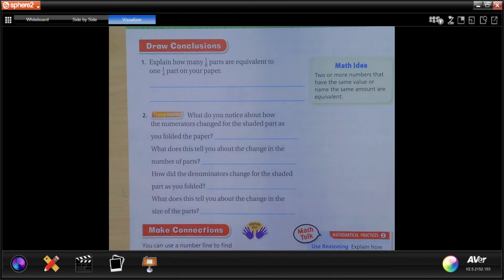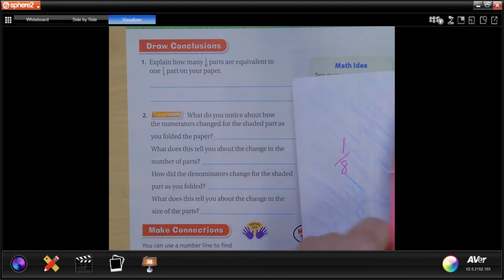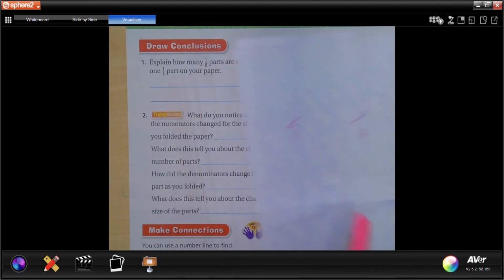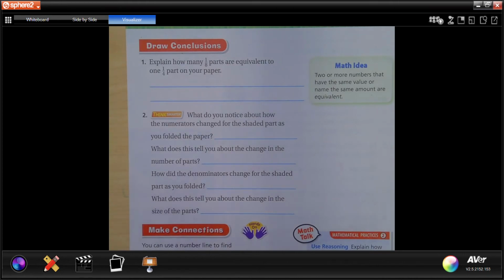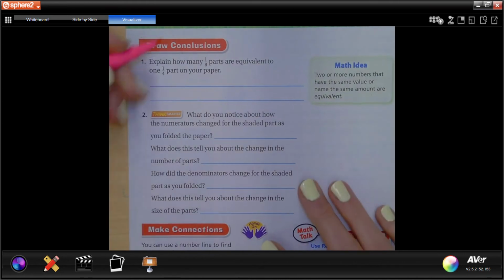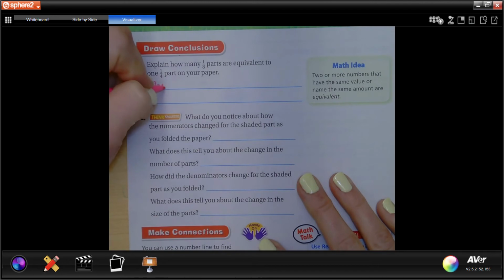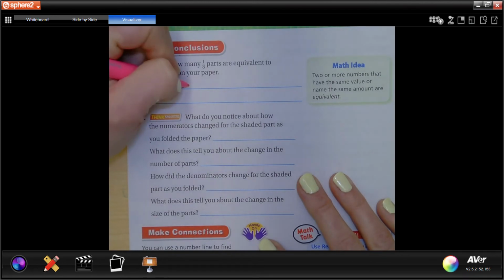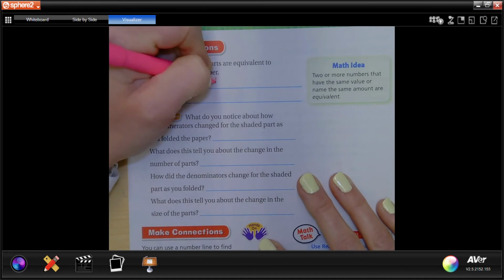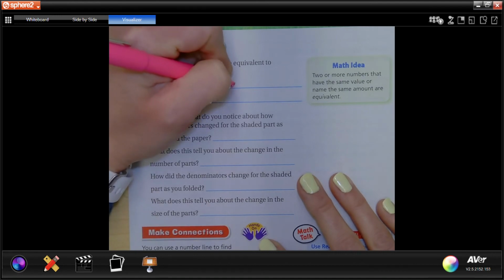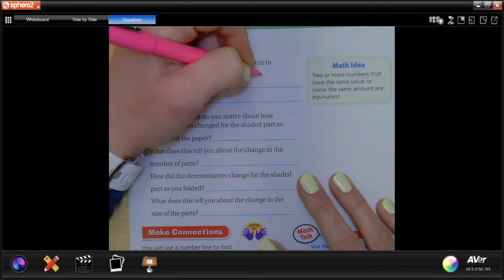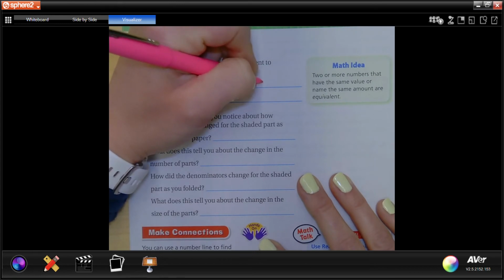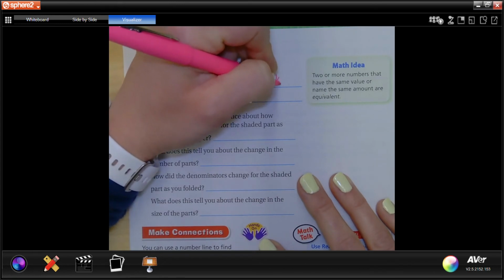Well, on 1/4, there are 2/8 parts. So there are 2 1/8 parts and 1/4 part.